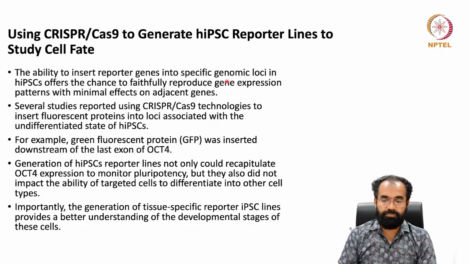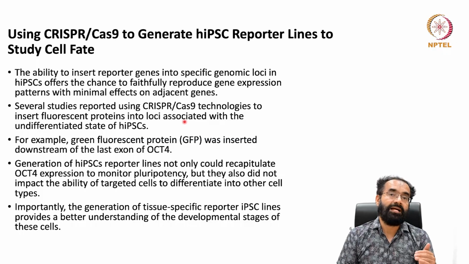Inserting into specific genomic loci in HiPSCs offers the chance to faithfully reproduce gene expression patterns with minimal effect on the adjacent genes. That is the beauty of a CRISPR-based integration of an expression reporter cassette. Several studies reported using CRISPR-Cas9 technologies to insert fluorescent proteins into loci associated with the undifferentiated state of HiPSCs.